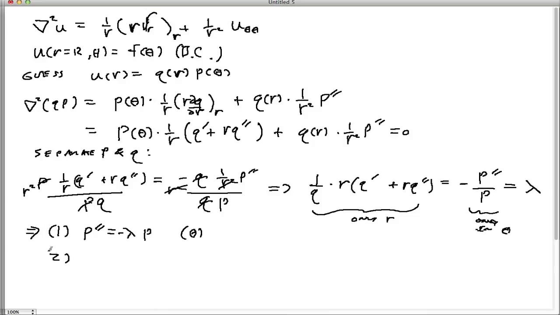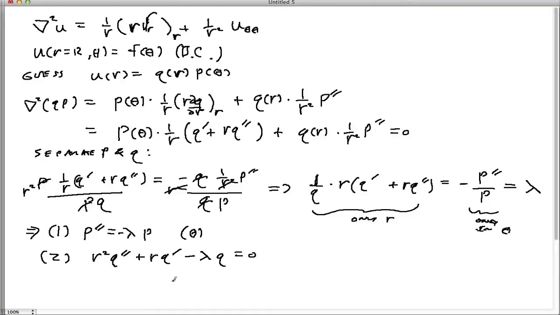All right, and the second equation looks a little bit more complex. We're going to write that out, and that's going to be, oh, you know what we did? We forgot our R. No, we didn't. We're good. Okay, so we're going to write this down as R squared Q double prime plus R Q prime minus lambda Q is equal to 0.